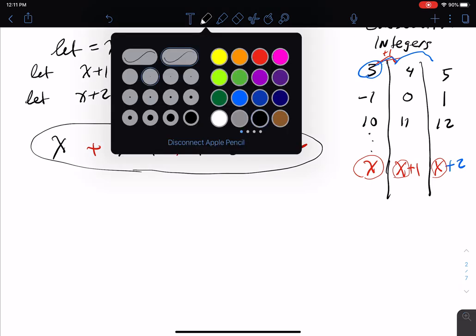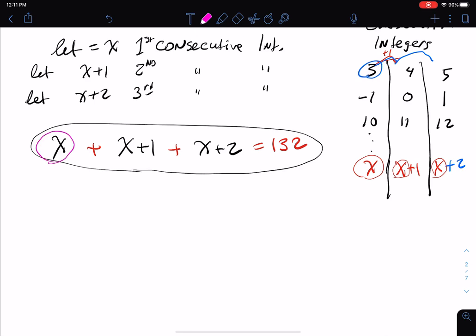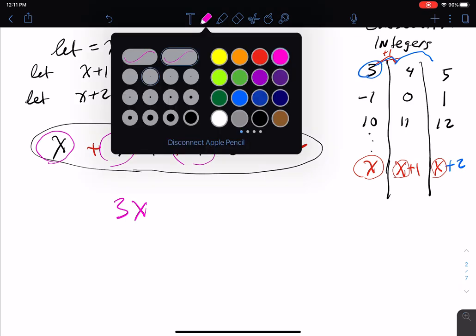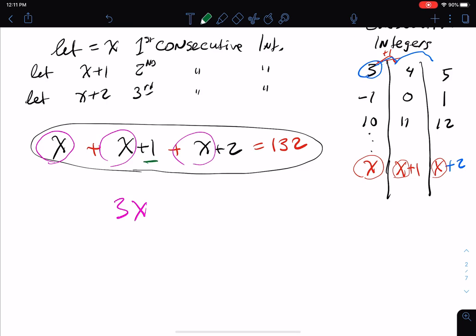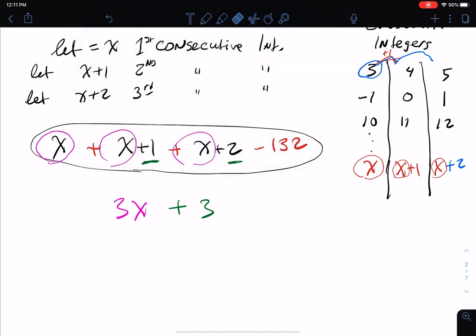We can solve the algebraic equation by combining like terms. I've got one x, another x, and another x, a total of 3 x's. In terms of my constants, let's go to green here, I've got a 1 and a 2, so that's plus 3. And of course we have our equal sign, and it says that equals 132.